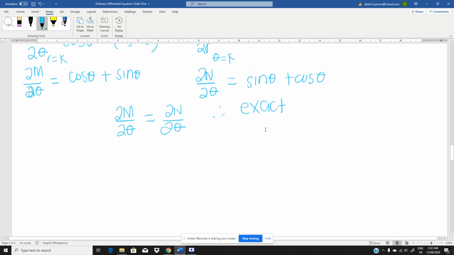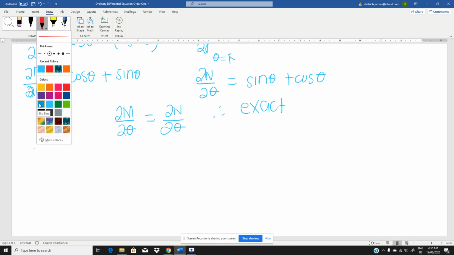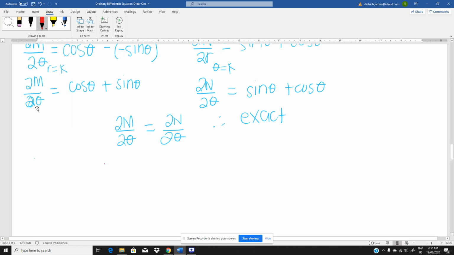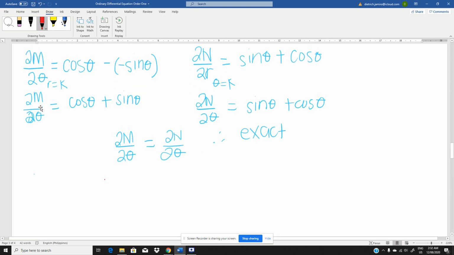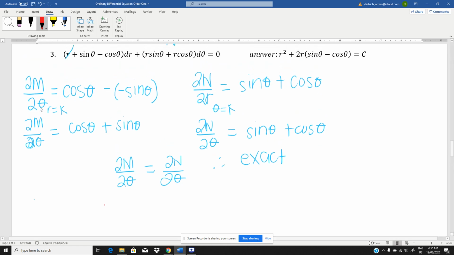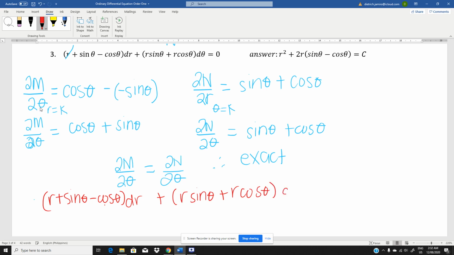I'll just rewrite our problem. We have (r plus sine theta minus cosine theta) dr plus (r sine theta plus r cosine theta) d theta is equal to 0.